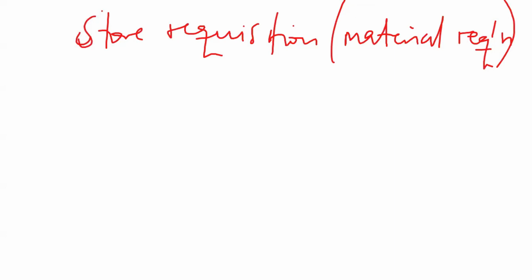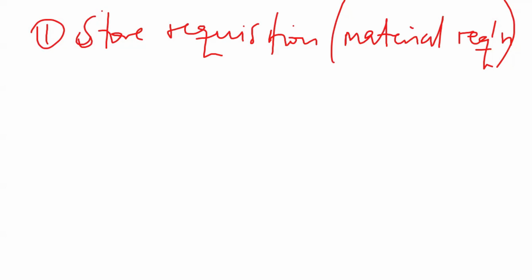So the first document will be store's requisition or material requisition. And you'll find that other books may call it a material requisition form, a material requisition note, a material requisition document, whatever they call it.